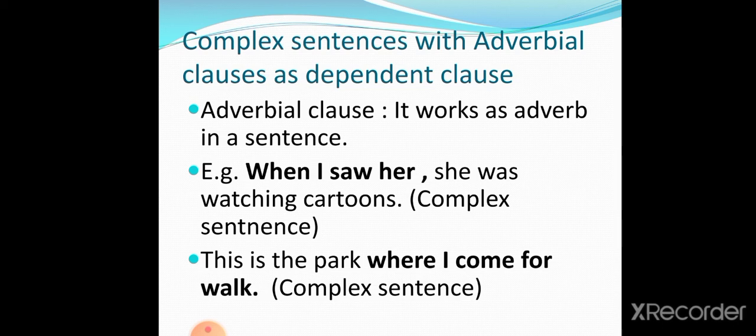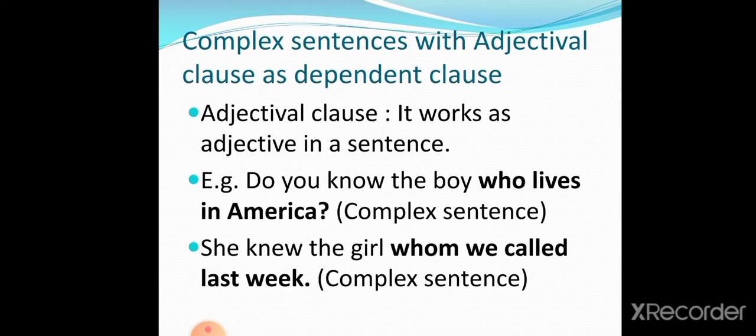Over here, the dependent clause is when I saw her. When is a relative pronoun and we have used a comma. Why? Because first we have the dependent clause, then we have the independent clause, she was watching cartoon. Another example, this is the park where I come for a walk. Park is a place, so it is telling you more about the place. Where I come for a walk is the dependent clause. It is combined with the independent clause to give you a complex sentence.